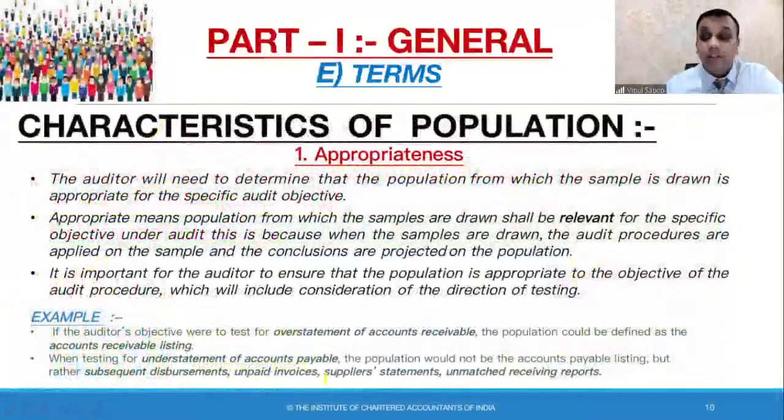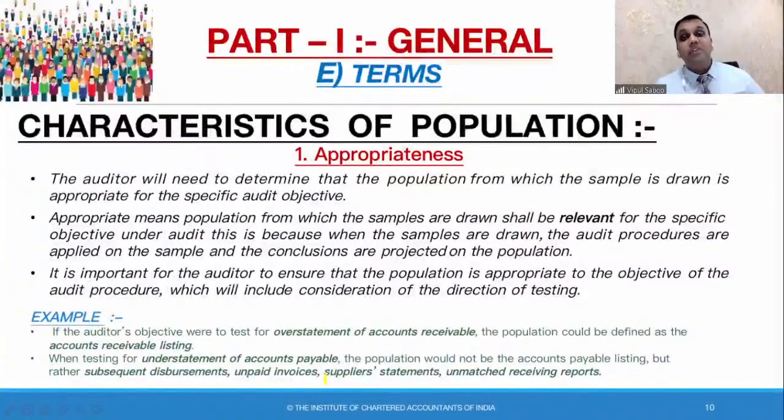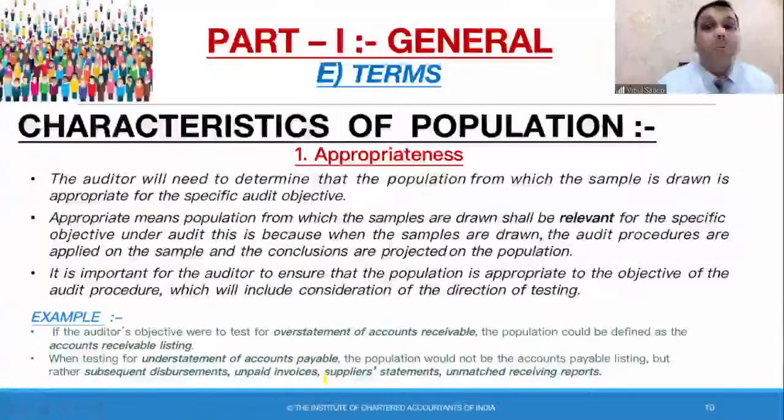Then the characteristics of population. Population, the data given to you, what should be the characteristics of that particular auditing population? The first characteristic is appropriateness. The population should be appropriate.